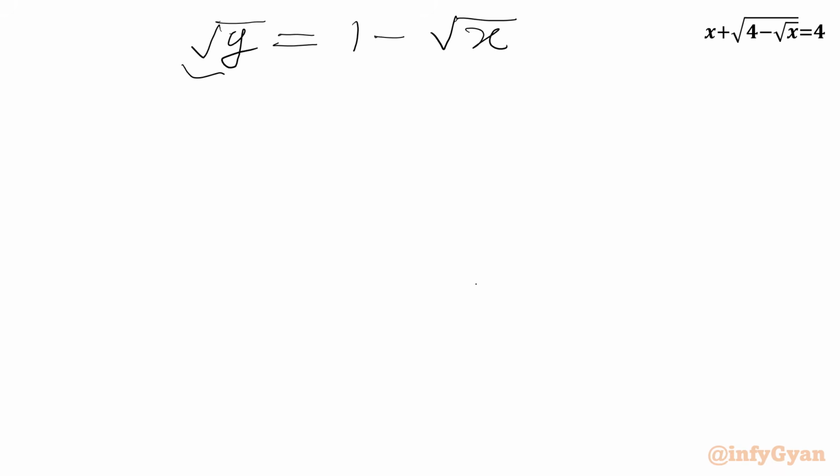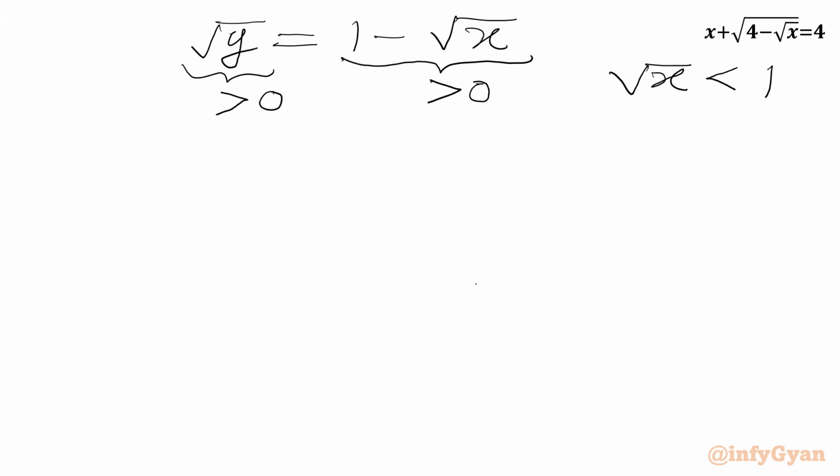Now LHS is positive for sure, for x or y to be real, so RHS must be positive. For RHS to be positive, square root x should be less than 1. After squaring this inequality, I can easily write x should be less than 1. So for the second equation, our condition is x less than 1.